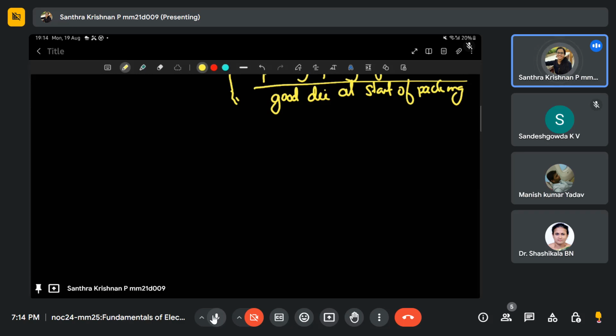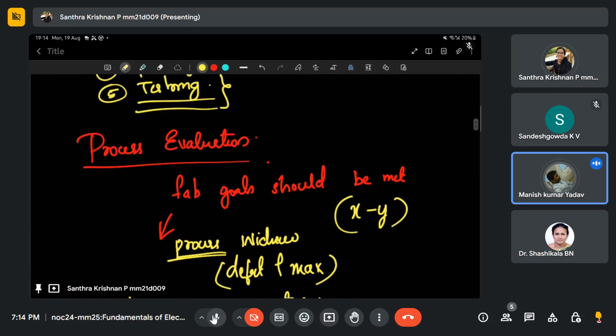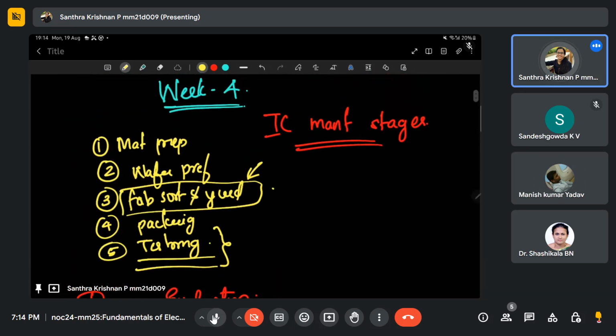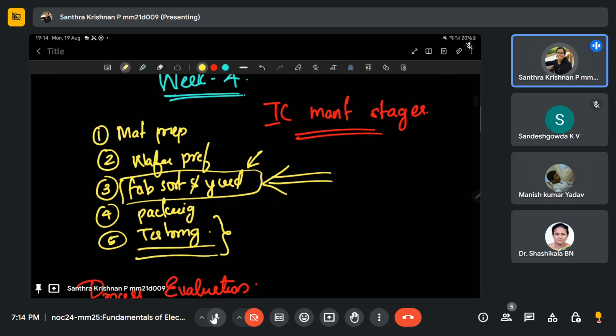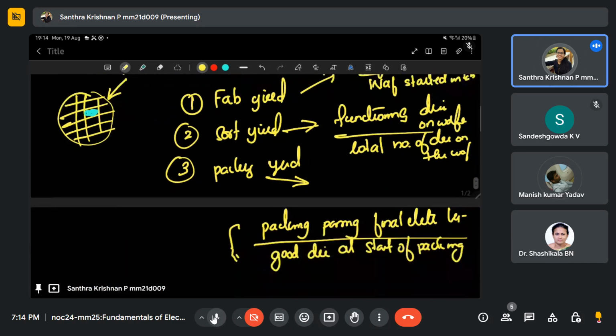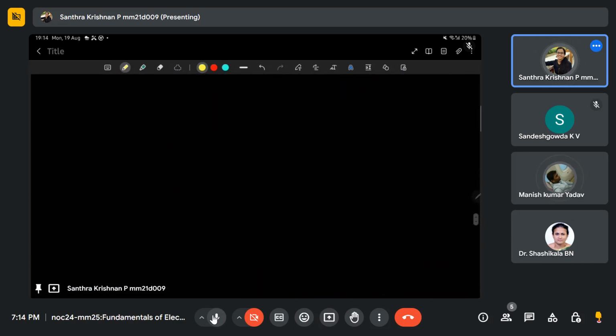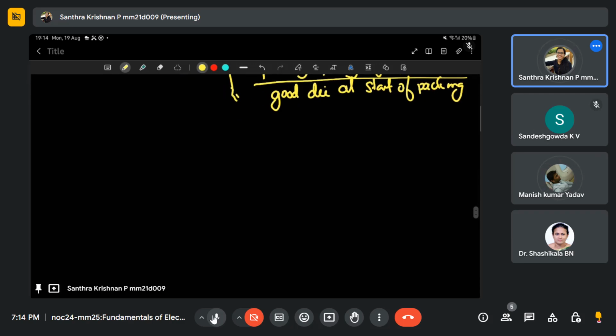This part comes in the fab and sort part. Whatever testing we are talking about will come in this step. After that there will be another set of final testing. I think that was the reason for your confusion. It will be clarified soon, I hope. I have sent a mail to sir and the TA, so I hope he confirms soon. Okay, ma'am. Understood.